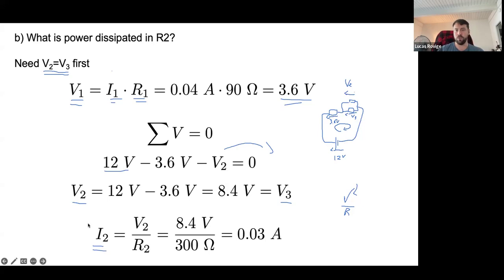So using Ohm's law, now with this V2 here, in this second resistor, the current through this resistor is going to be the potential drop divided by the resistance. And we know this, it's a given of the problem. And we know the potential drop because we just calculated that. And so we get that the current is 0.03 amps. And so we have the current here.